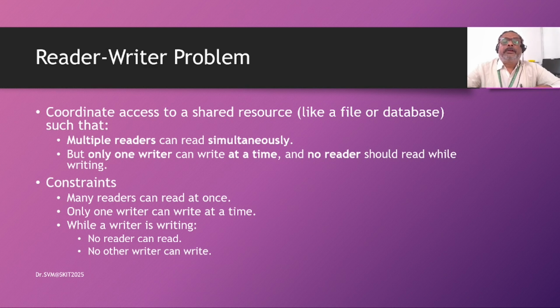Every time a new reader is allowed to read the shared resource, that count has to be incremented, and when a process stops reading, the count has to be decremented. Whenever a writer wants to use the shared resource, we should ensure that the read count is 0, and only then allow it.